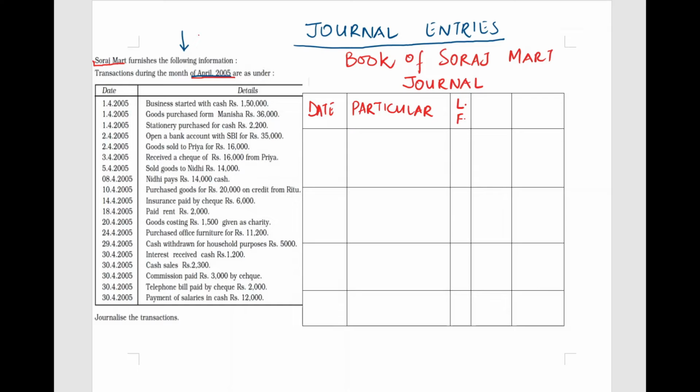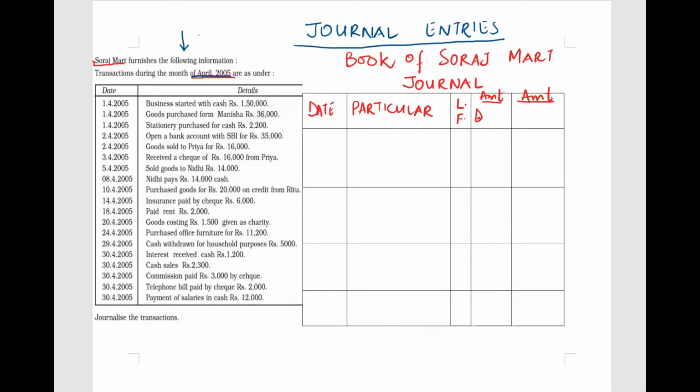So first column is date, always particular, ledger folio, and then I'll have amount. This is amount, AMT I'm writing, because I don't have so much space. And here is debit. Sorry, I should write it in capitals. I'll just erase this.